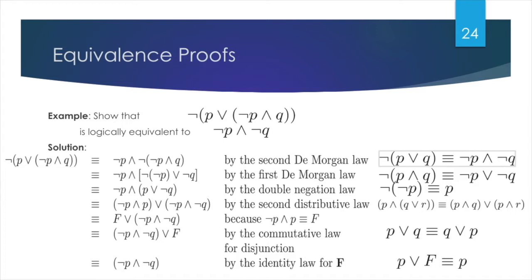So the first step, once I see the statement, I just recall the second De Morgan law. And this law is telling me, if I take the first parenthesis out, if I just simplify it to simple form, I need to take this parenthesis out. So the De Morgan law says, once you have a negation outside the parenthesis, and you want to take the parenthesis out, you just need to flip the middle operator.